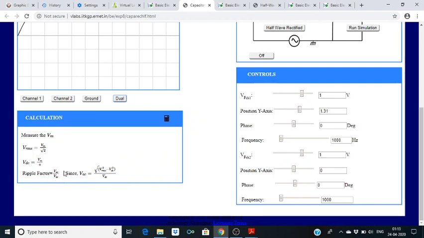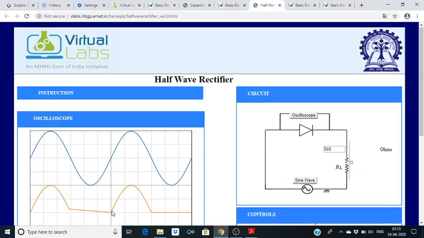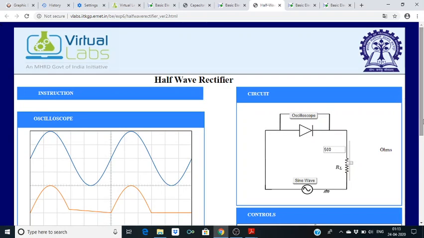You will see that this ripple factor will be less as compared to the ripple factor which we got without the filter. So we can say that by using a capacitive filter we are reducing the ripples in the half wave rectifier. So thank you.